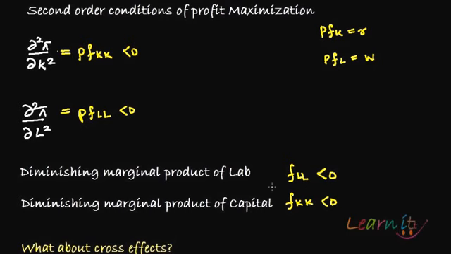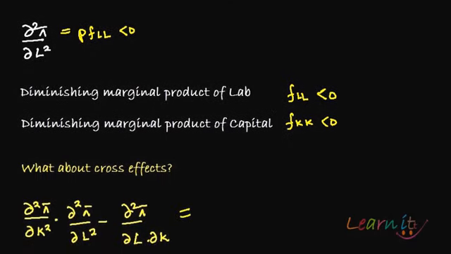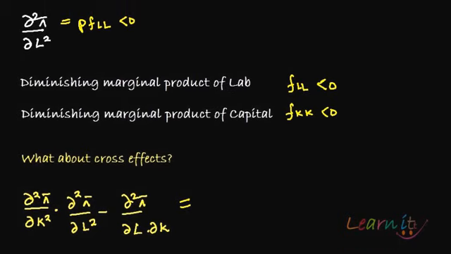When you go on adding more and more labor for a given amount of output, then the addition which it makes to the output goes on falling. When you go on adding more and more capital, then the addition which this additional unit of capital makes to the output goes on falling.